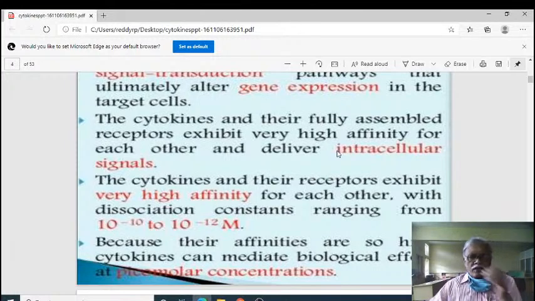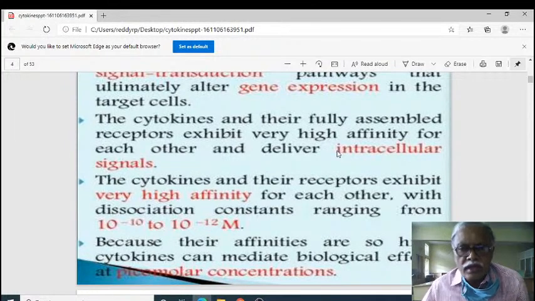So the cytokines and their fully assembled receptors exhibit a very high affinity for each other and deliver intracellular signals.